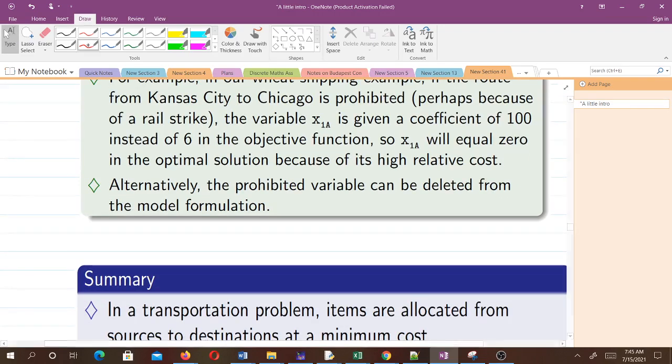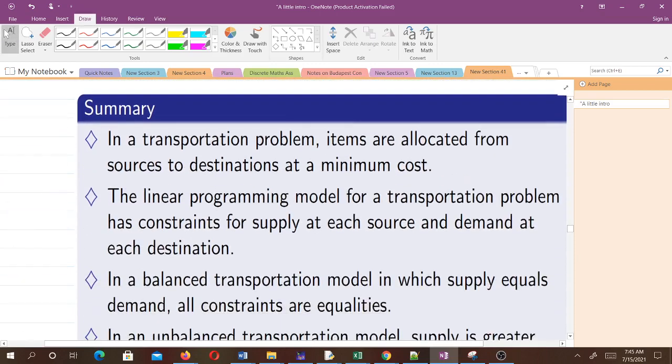Okay, so we are still in the introduction, and I'm sure you are enjoying it. In a transportation problem, items are allocated from sources to destinations at a minimum cost. That's what we seek to do in a transportation problem. A linear programming model for a transportation problem has a constraint for supply at each source and demand at each destination.